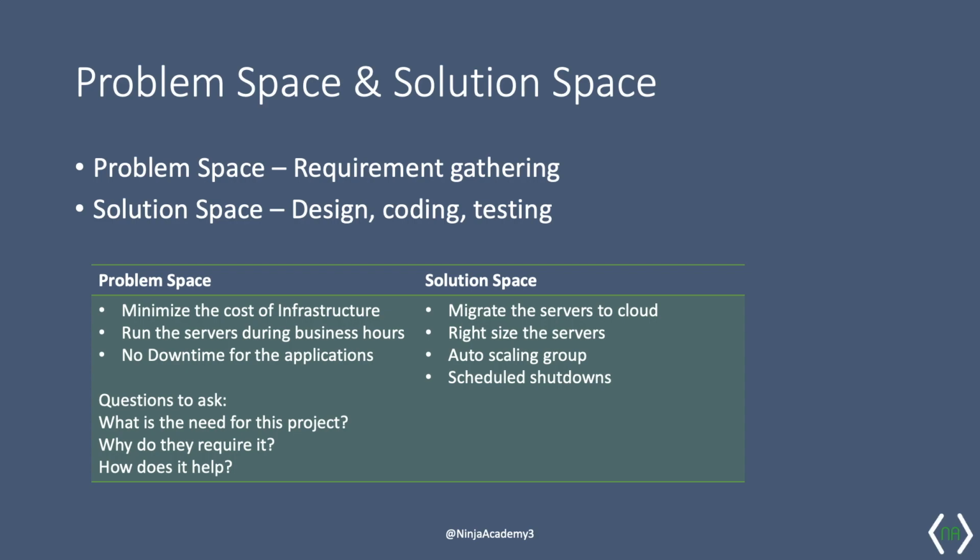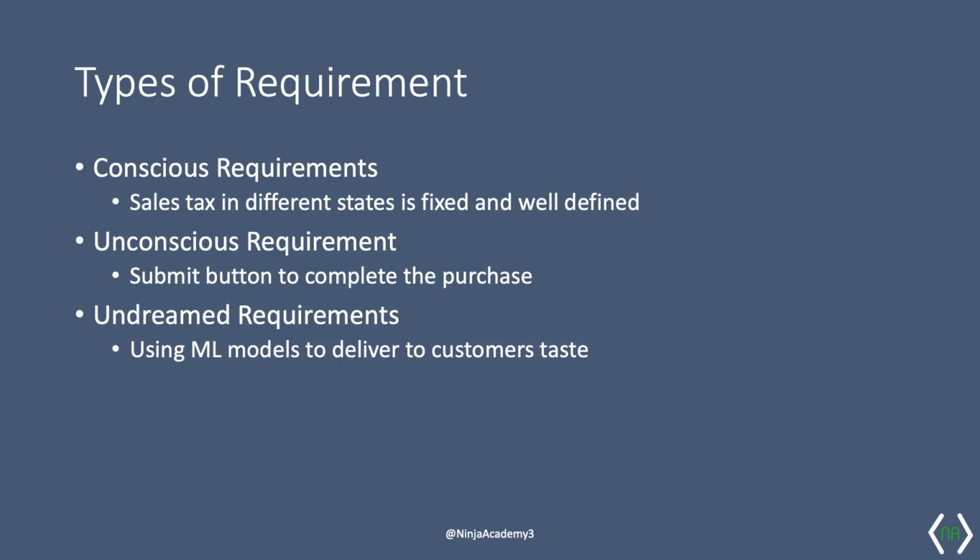And then you will look at auto scaling group to make sure that there is no downtime for the application, and you're going to have some scheduled shutdowns because the requirement is to run the service during the business hours. So I hope that example clarifies the difference between what problem space is and what solution space is.